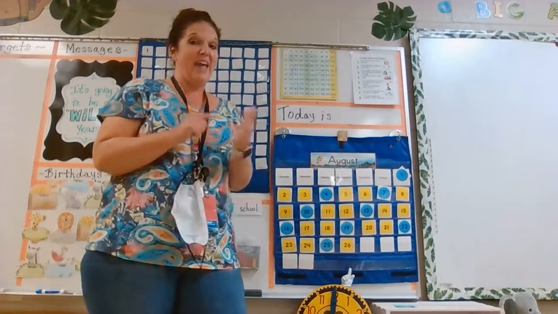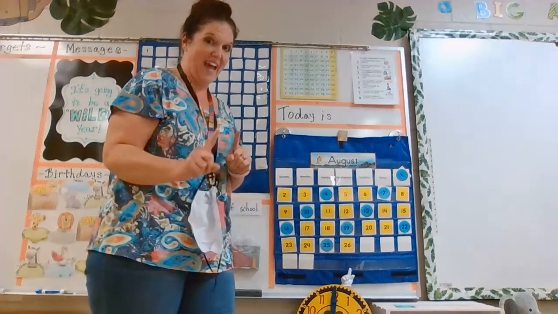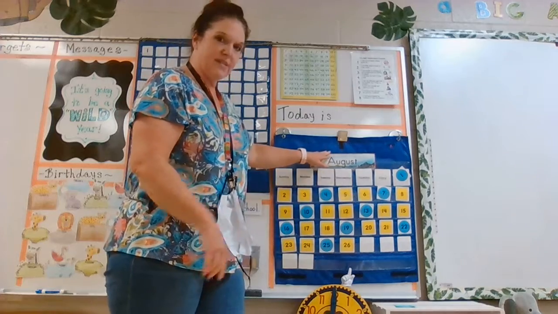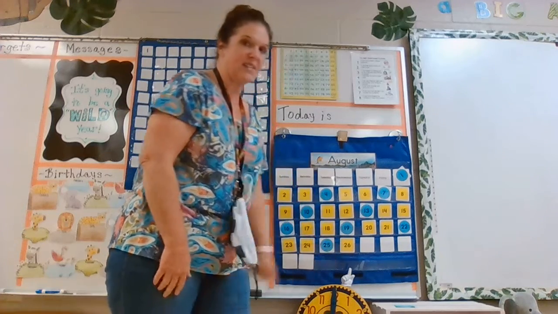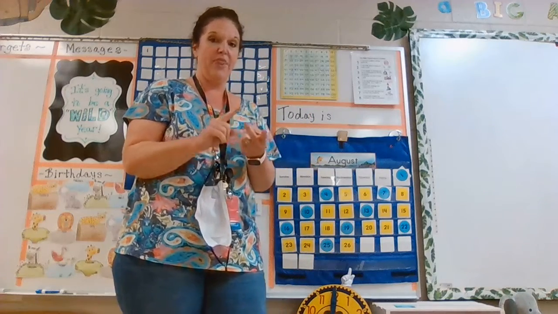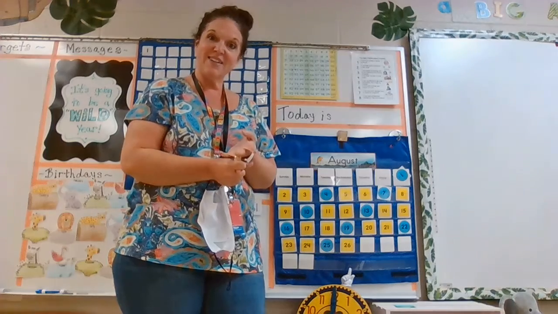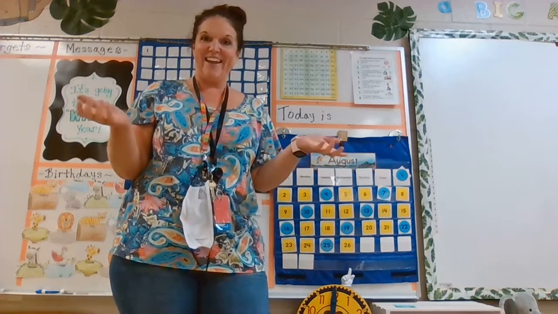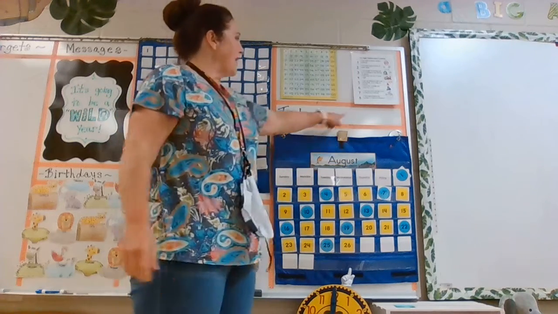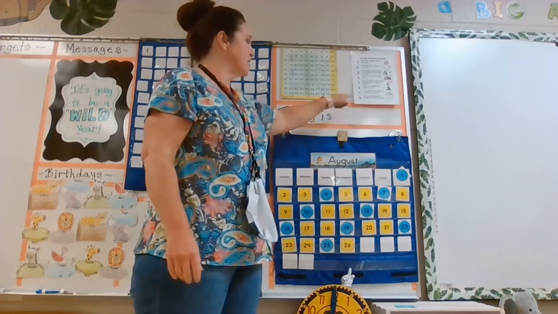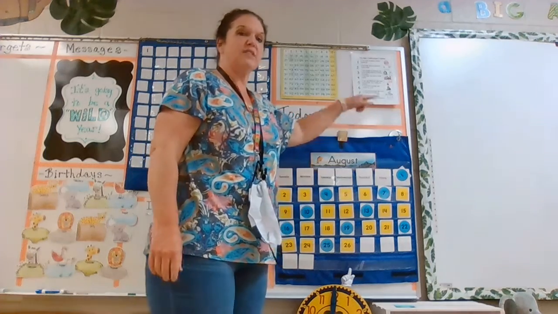So today is Wednesday, August the 26th, and then you have to put the year, because when we write the date, we go month, day, year. Does anybody know what the year is? It's 2020. So what I'm going to write up here is August 26th, 2020.